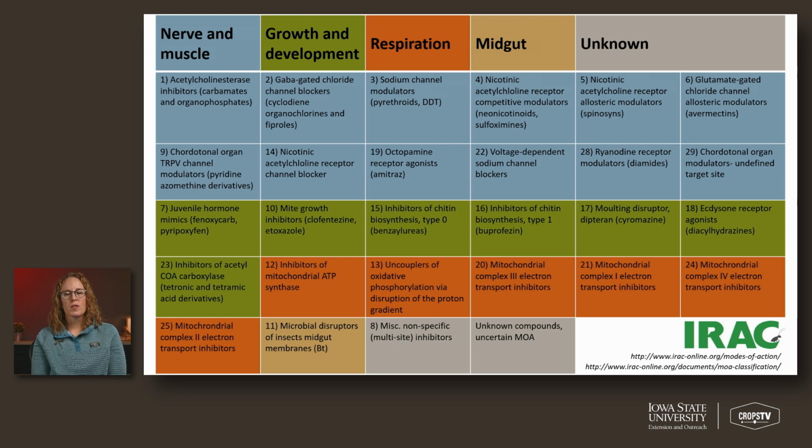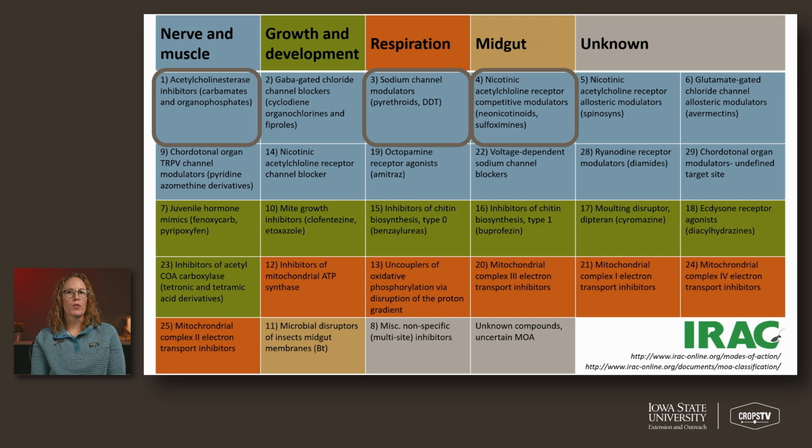But just to say it in another way, most of the products that we're using in field crops are older chemistries, and they do attack the nerve and muscle. So most of what we're using are the group numbers that are in blue. I would say for soybean in Iowa and the vast majority of the north central region, probably 98% of what we're using would be 1, 3, and 4.